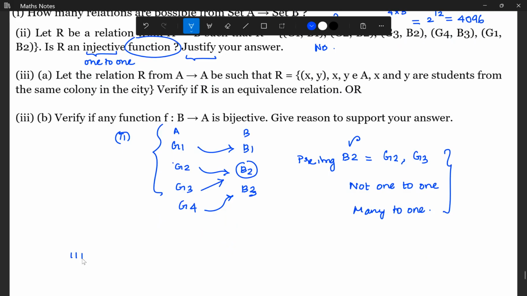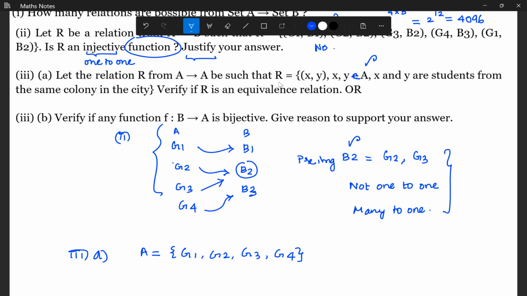Third A. Let R be a relation from A to A such that (x, y), where x and y belong to A. So the parent set is A, which is the set of all girls, correct? Now A is the set of girls G1, G2, G3 and G4.